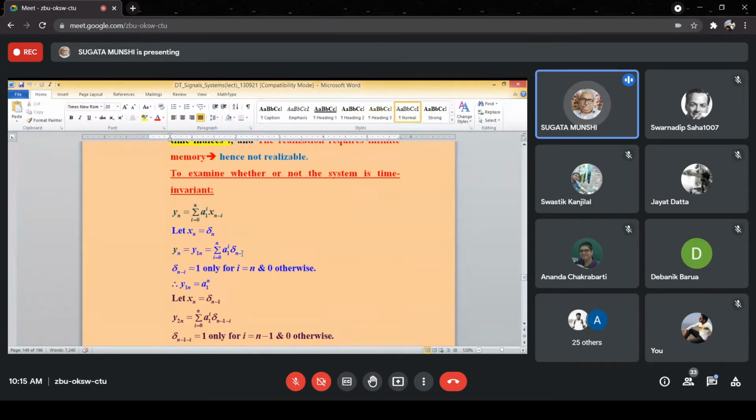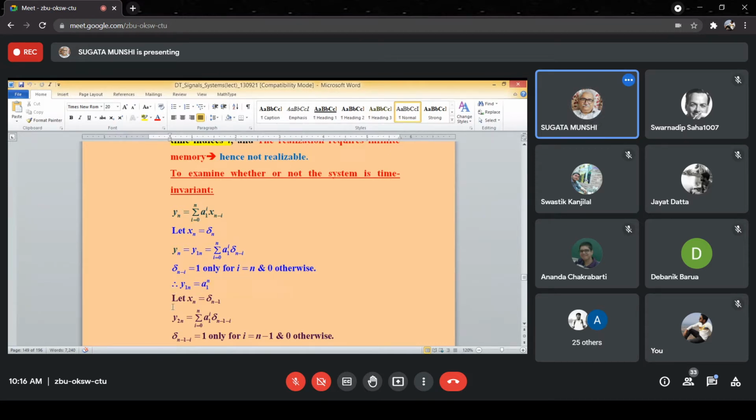For all other values of i, delta[n minus i] will be 0. So only the term for i equal to n will remain. So y1[n] is equal to a1 to the power n, because only for i equal to n this is 1, and for other values of i this is 0.